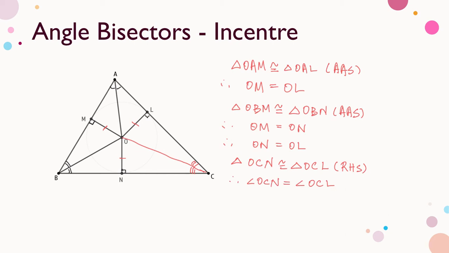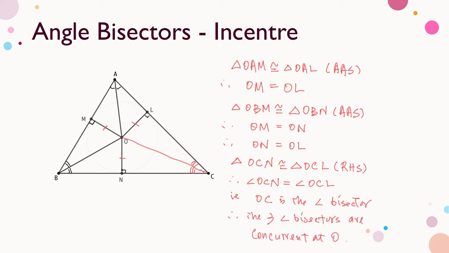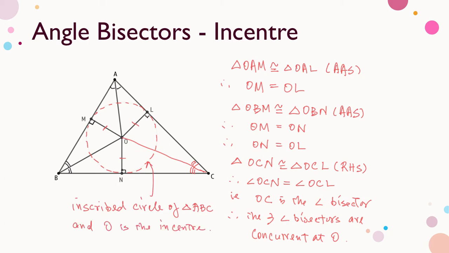That is, OC is the angle bisector of angle C. In other words, the three angle bisectors intersect at O. As OM equals ON equals OL, the circle taking O as the center and OM as the radius touches the three sides of the triangle. That is, the circle is inscribed inside the triangle, and O is the incentre.